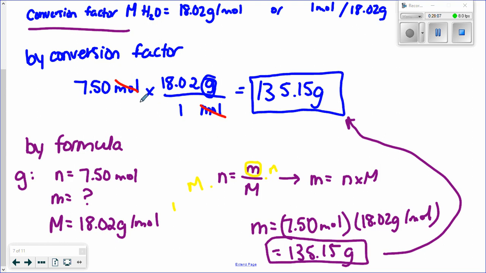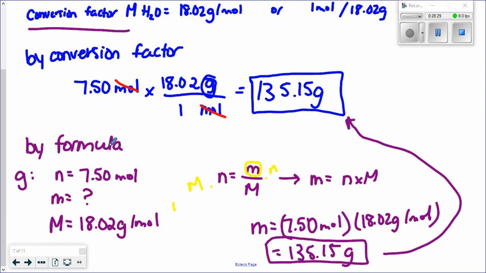And you can see that it makes sense: 7.5 times 18.02 is the same as 7.5 times 18.02. So you can do this by formula if it helps to not have to think of your molar mass as a conversion factor, or you can do it either of these two methods.